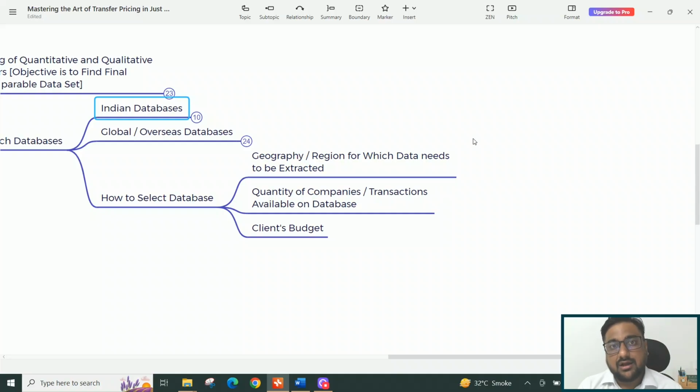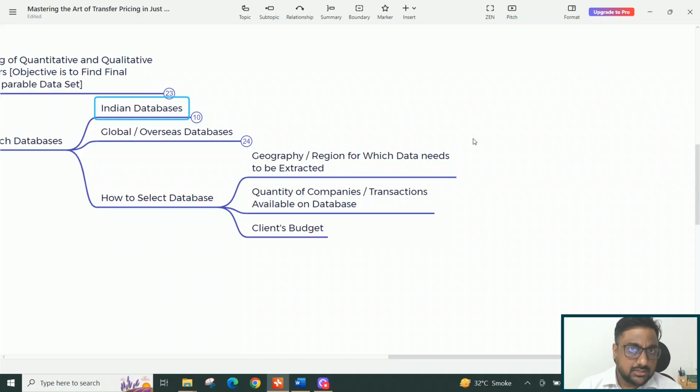But yes, if it is necessary to go with the global database, even if the client doesn't have budget, you should always speak to the client and say that this is not an easy task. This is because if the client goes with any TP consultant where a global database needs to be used, then there is no option with the client but to benchmark with an Indian database, or to compromise with the benchmarking process.